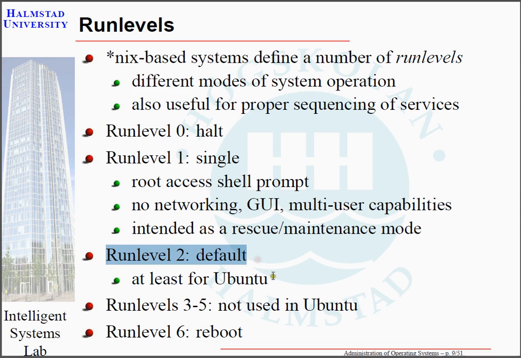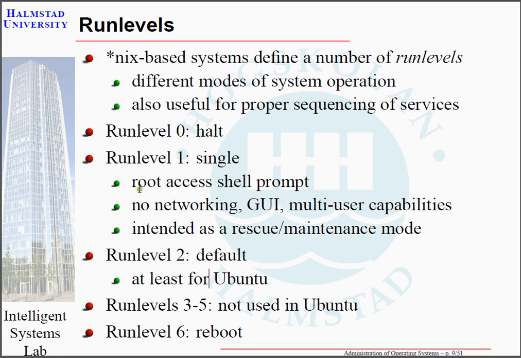Then you have the second run level, the default one, at least for Ubuntu. The definitions of run levels vary significantly between different distributions, but for Ubuntu, run level 2 is the default one. A lot of distributions have run level 2 as text only, and then run level 3 or even farther as the graphical user interface.